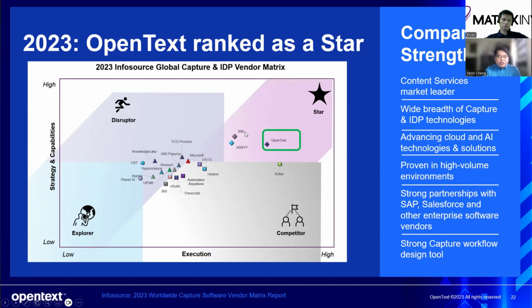IBM, as you know, doesn't focus much on capture anymore. They focus more on their other solutions, and they're selling off certain software, whereas OpenText is highly intent on improving our system.